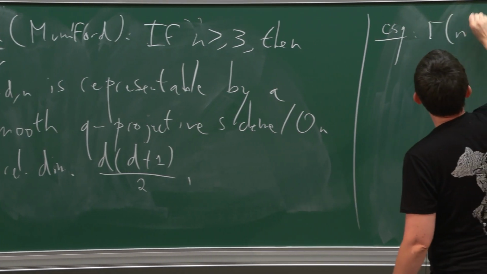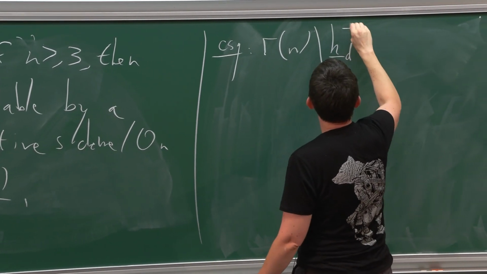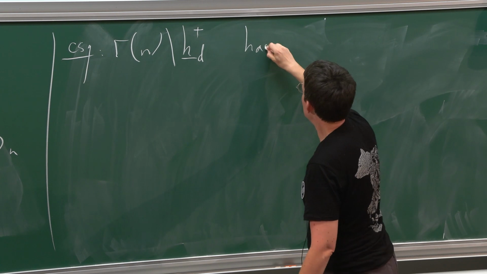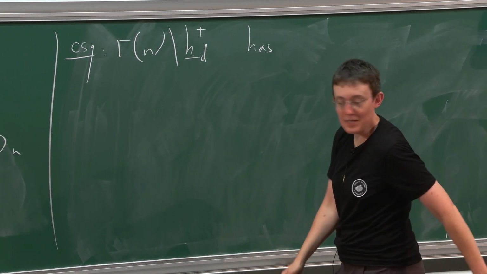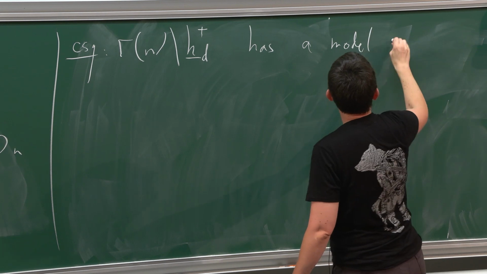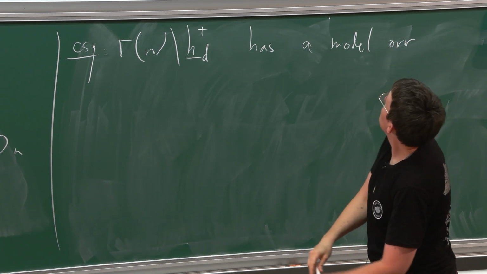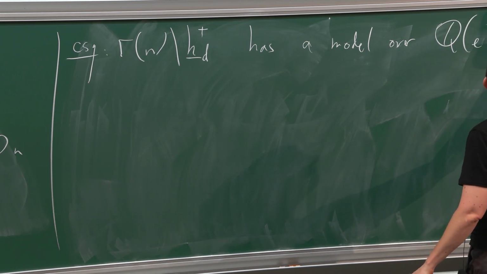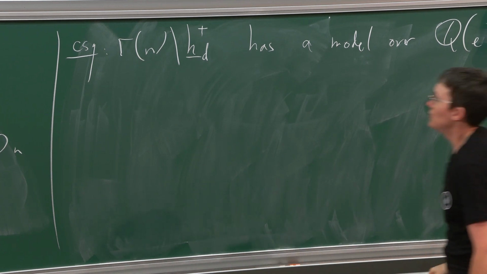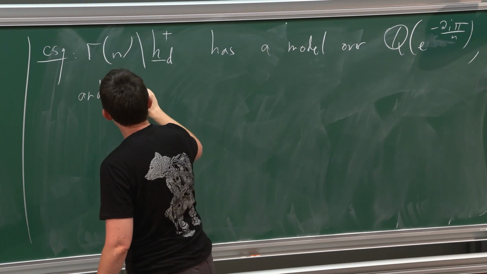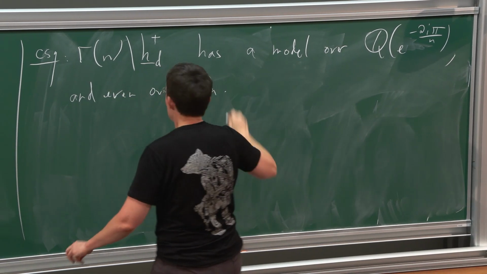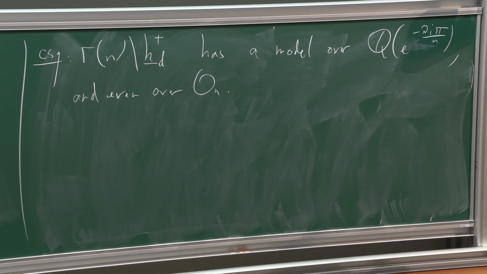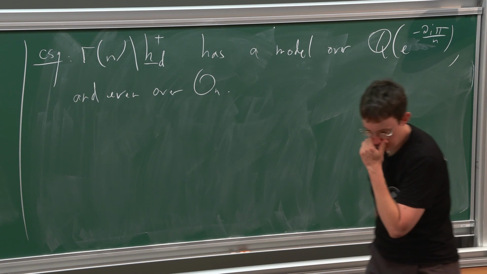Well, this nice locally symmetric space, which we already knew was an algebraic variety over C, actually has a very natural model, and a very nice one, over, so if I want it over a number field, I get it over Q(e to the minus 2 pi i over n), and even over this ring of integers On. Well, not quite the ring of integers because I inverted n, but we'll come back to that.